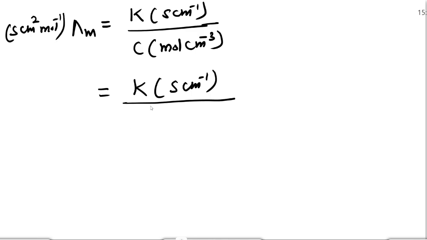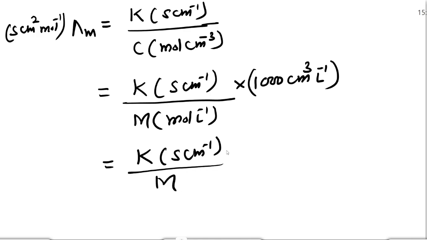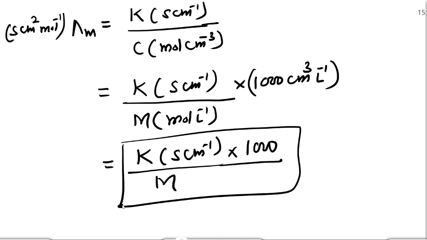To replace it, we have to write mole per liter, then it should be multiplied by 1000, because it is 1000 centimeter cube per liter. So per liter cancels, and we have per centimeter cube. So it is written simply as S per centimeter divided by molarity into 1000. This is the most common formula for molar conductivity in S centimeter square per mole.